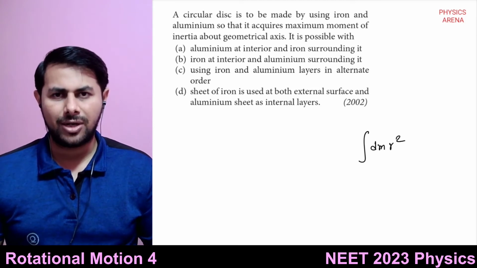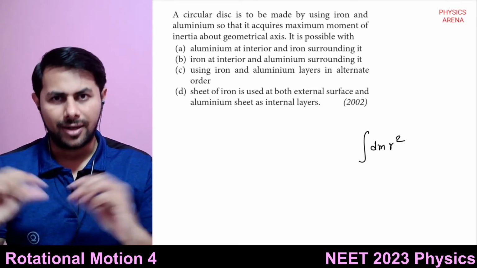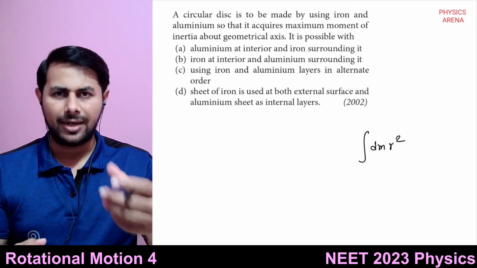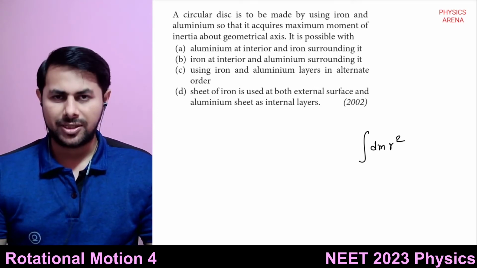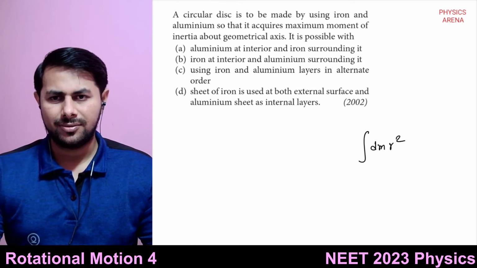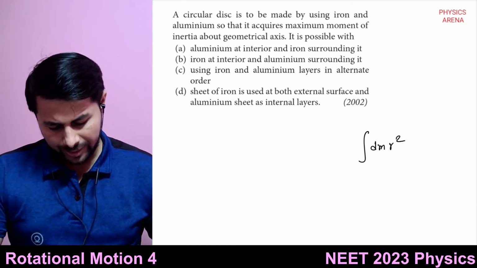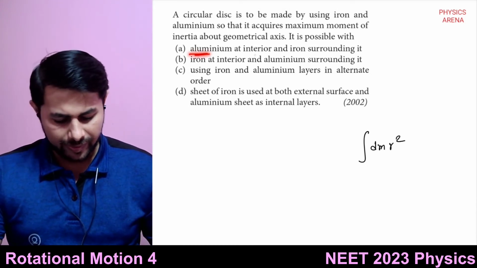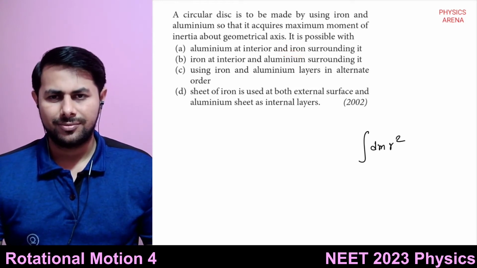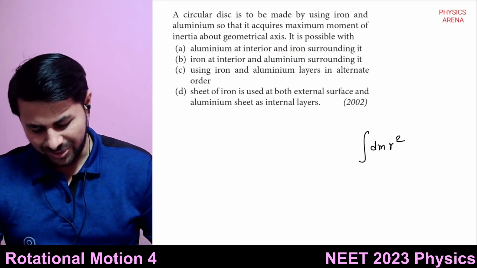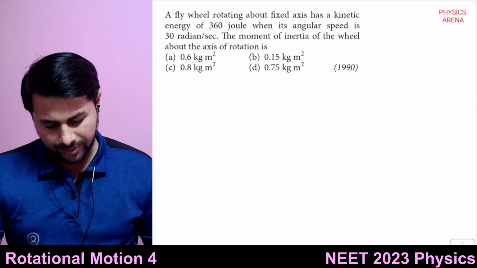That means you have to keep iron away from axis of rotation and aluminium closer to the axis of rotation. Okay, so which is the answer out of this? It would be this one, aluminium at interior and iron surrounding it. You got this? Yes, no? Let us see next one.